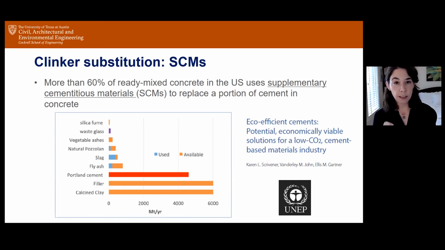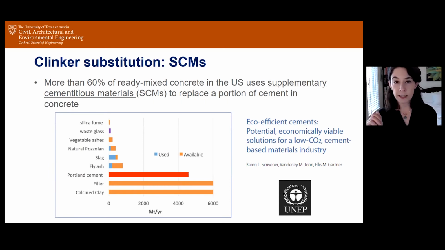The cement content can also be variable because you're replacing a portion of the cement with something else that can provide what we call cementitious or binding capacities in the composite material. And so if you look at this plot here, there's a red line showing Portland cement that's used annually, and there's all these other possible materials that can be used to partially substitute that cement.